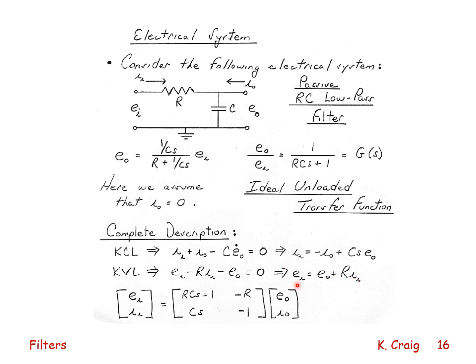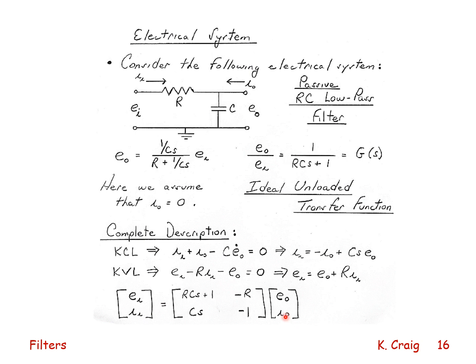If I combine these 2 equations, I can write them in matrix form. In matrix form, this says E in equals RCS plus 1 times E out minus R times I out. I in equals CS times E out minus 1 times I out.